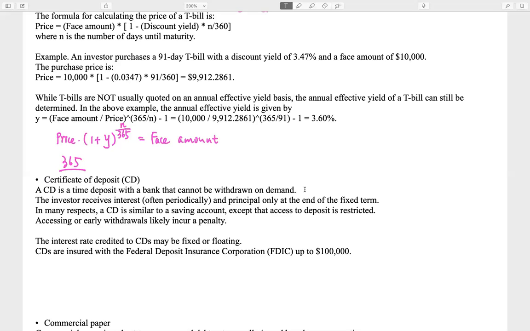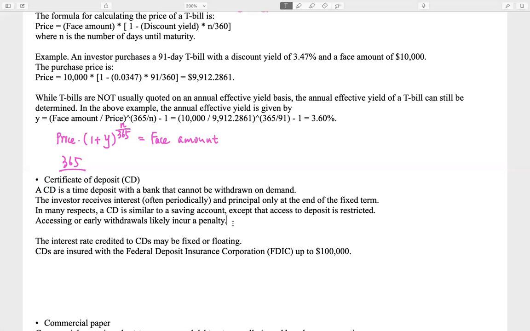It's likely that I will not get any interest, meaning you lose all your interest payment from the CD. The only reason you invest in a CD is because it has an attractive interest rate, so it's not worth doing the earlier withdrawal, because early withdrawals likely incur a penalty.